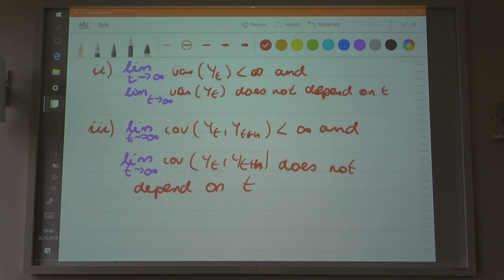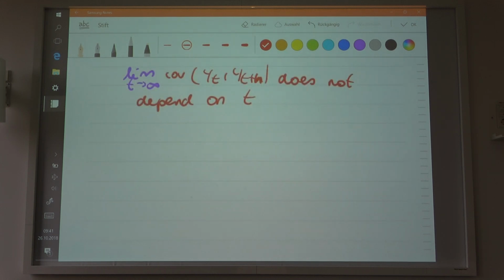Now, I'll just give you an example. If the process is stationary, then it's called stationary in the long run. So basically, if the process is stationary, then it's also asymptotically stationary, but usually not the other way around. This is also a remark here.